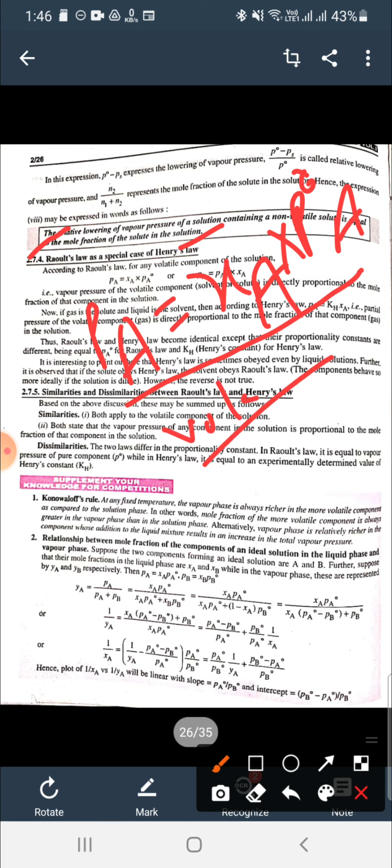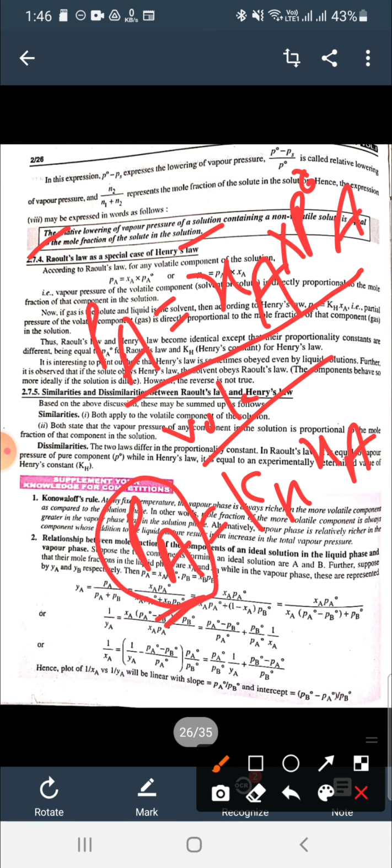And according to Henry's law, PA is equal to KH XA. This says that the pressure of any particular component is equal to the mole fraction of that component times some constant. They both say that pressure is directly proportional to mole fraction, but the difference is P naught versus KH.